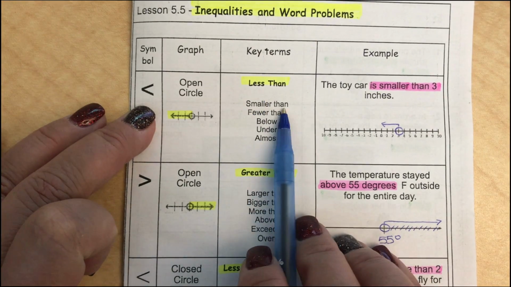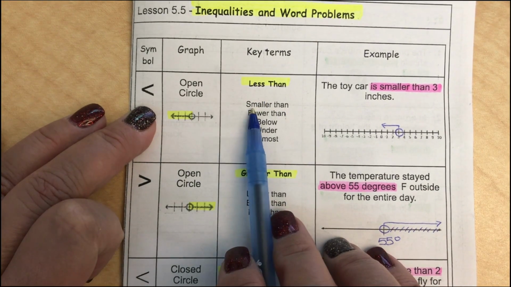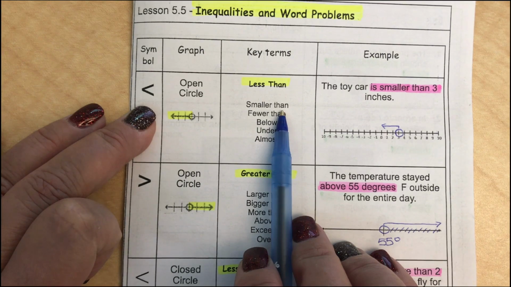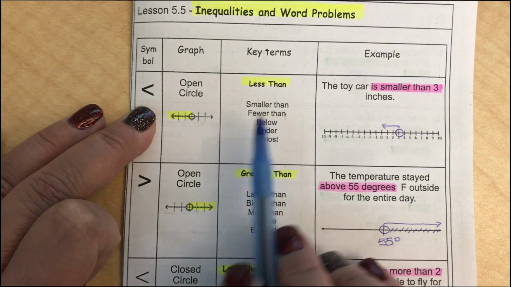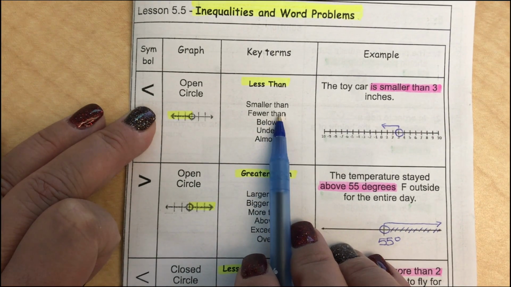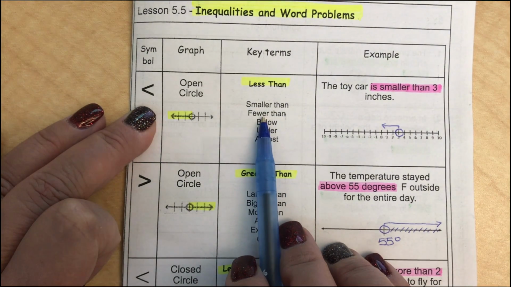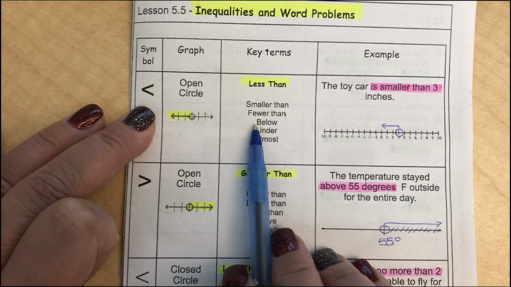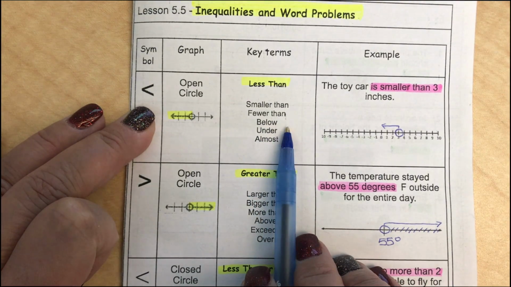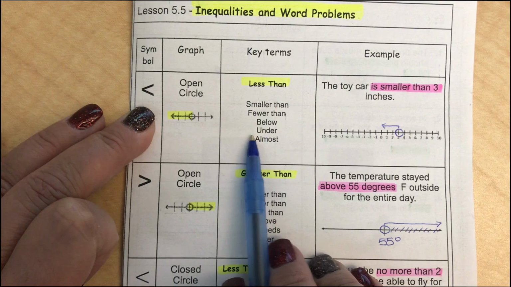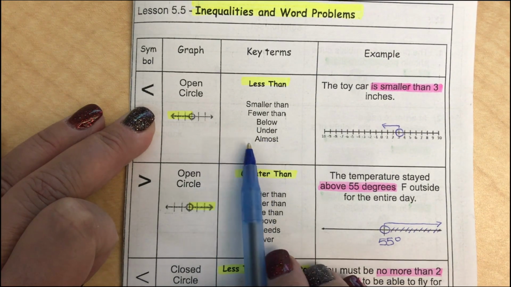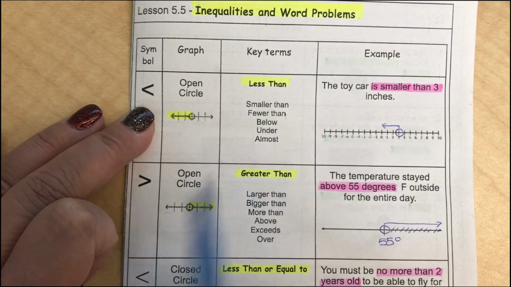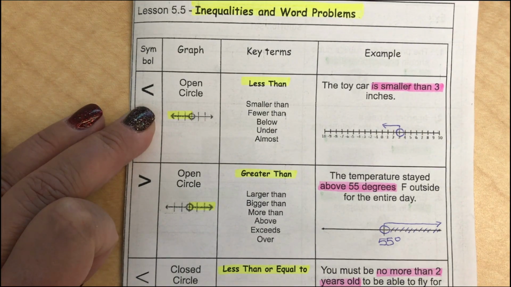For less than, it could be smaller than, so it could be a person smaller than. So it's like my little sister is less than 3 years old or something like that. Fewer than, you can say it's something about fewer than $3 or fewer than 3 people, or below 3 degrees, or under $3, or almost 3 buses were full or something.